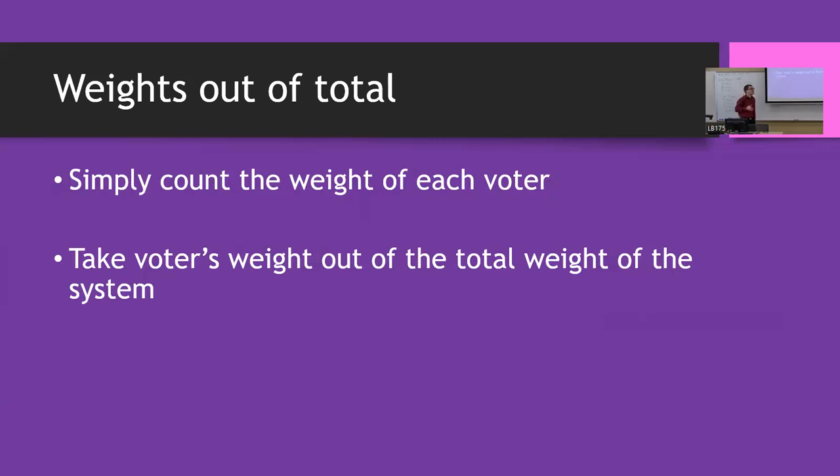Now, a lot of people mistakenly just say, well, power just must be the weight of my vote. You know, I have one vote out of 29, therefore, I have 1/29 of the power.